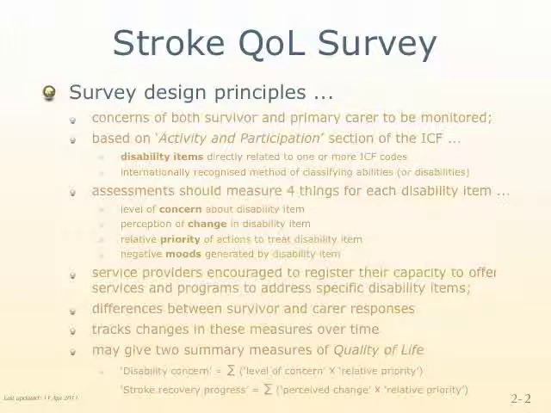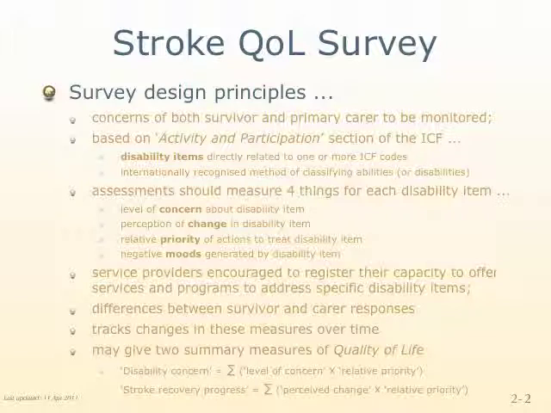So, if a stroke survivor is reporting a major deterioration in a particular disability item and needs urgent action on it, that will produce a recovery progress value of -10. On the other hand, if a stroke survivor is reporting a major improvement on a particular disability item, but still needs urgent action on it, that will produce a recovery progress value of +10.